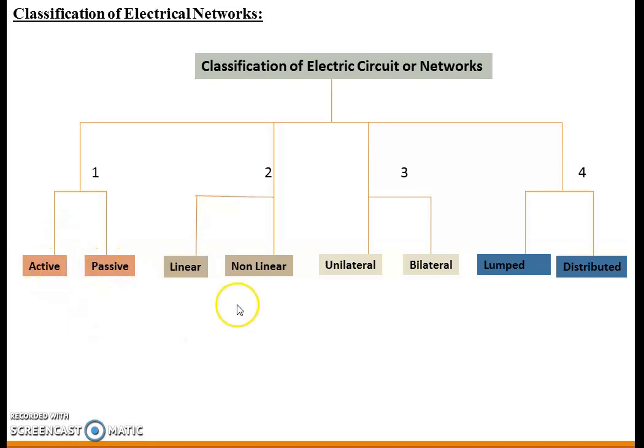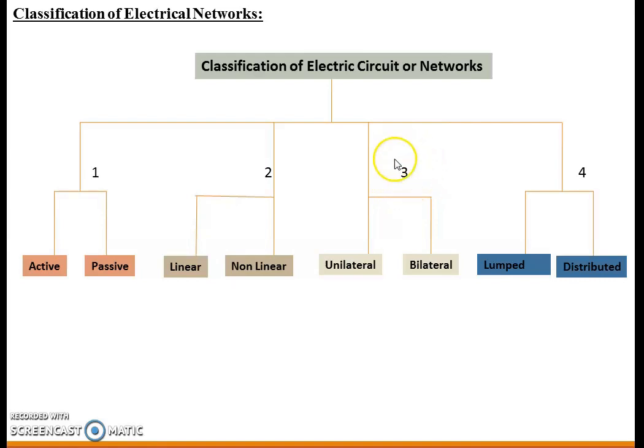And consider the second factor, that gives linear non-linear. Whether the given circuit obeys Ohm's law or not. Is there any change in parameter with change in time, voltage? That indicates linear non-linear. Then unilateral bilateral, that is the third factor, that classification is taken from the direction of flow of current.